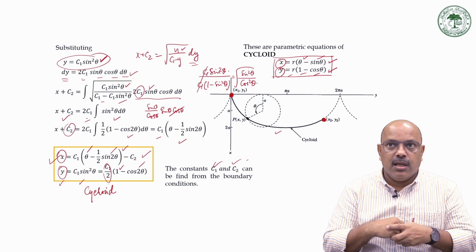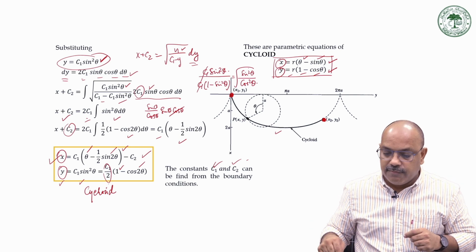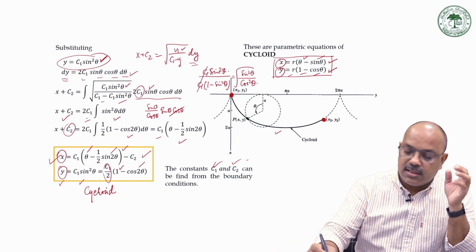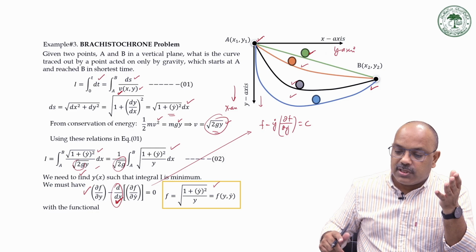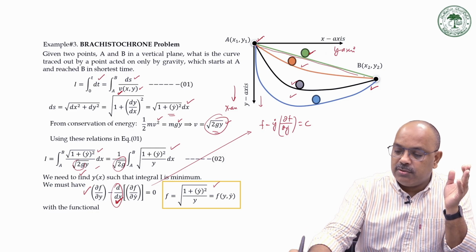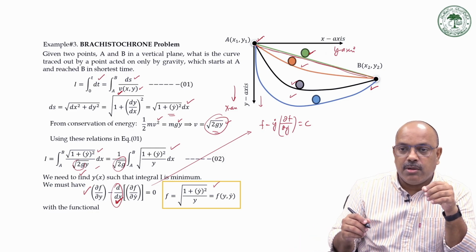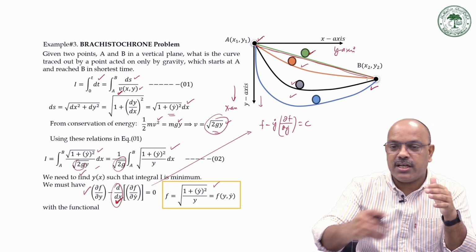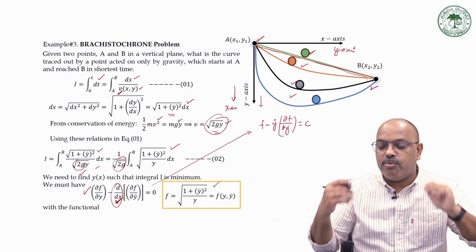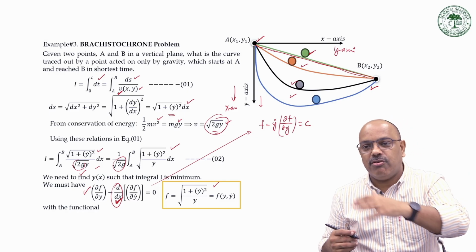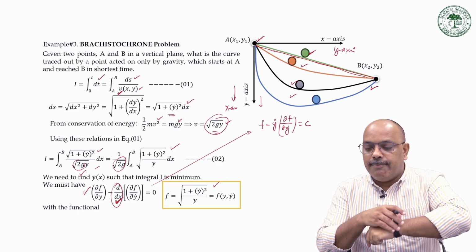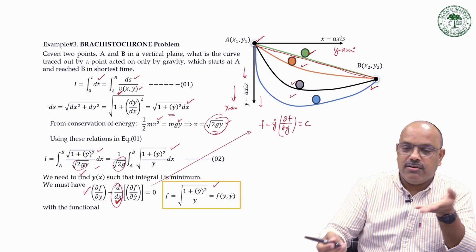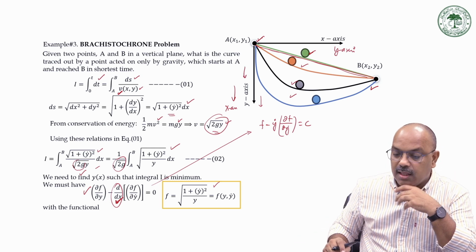When you think about it, you naturally think that a straight line is going to have the minimum time, because it is the shortest distance between these two points. But if the marble is flowing, it is going to take more time, because you see that the effect of gravity is here.